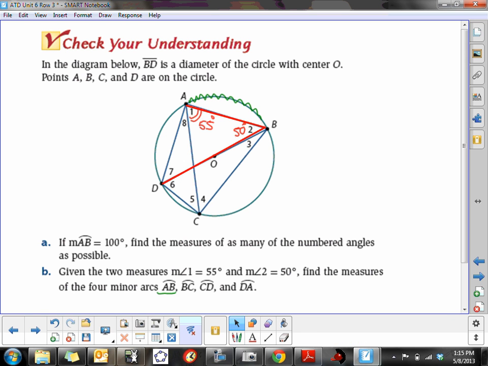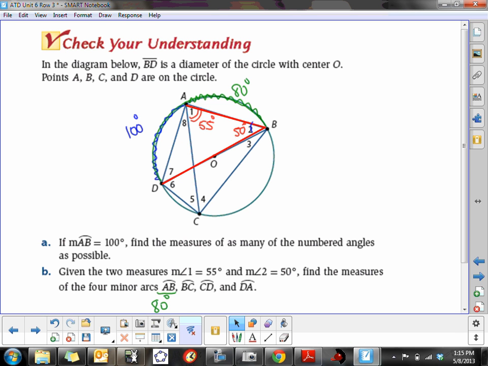Some of the things I'm thinking about immediately is if they give me that this inscribed angle is 50, then I know that this arc out here has to be 100 degrees. Okay, well if that's 100 degrees, then I automatically can calculate, because of our diameter, this all the way around from here to here has to be 180. So that means from A to B is 80 degrees. So I know that the arc AB is 80 degrees.